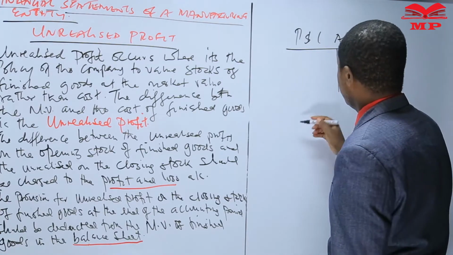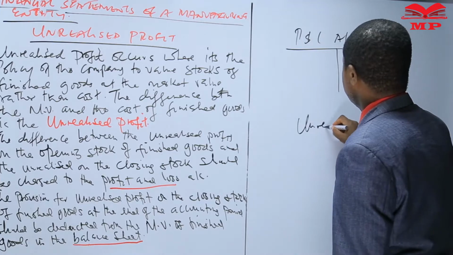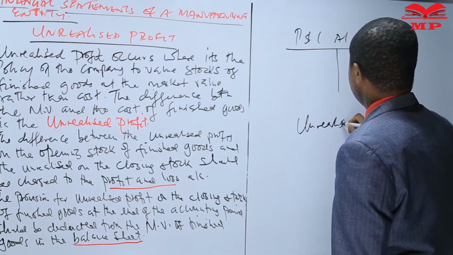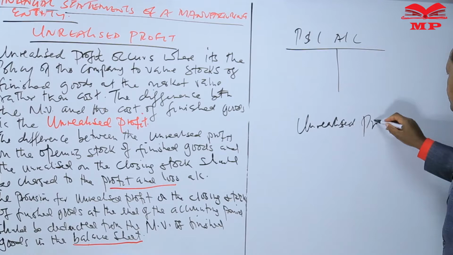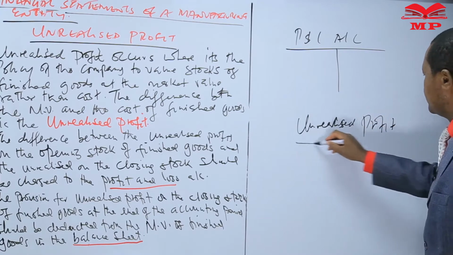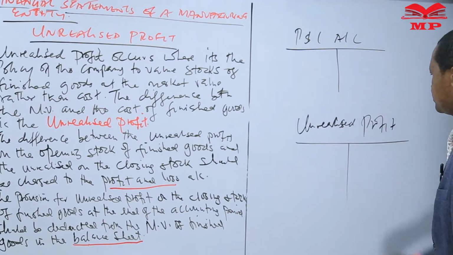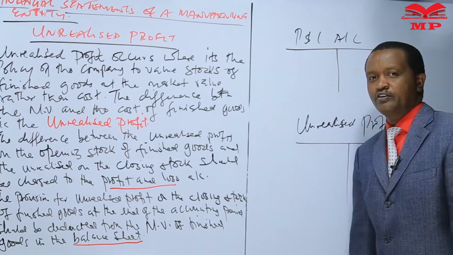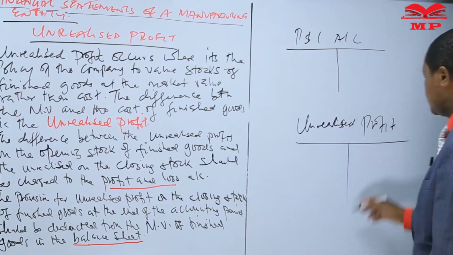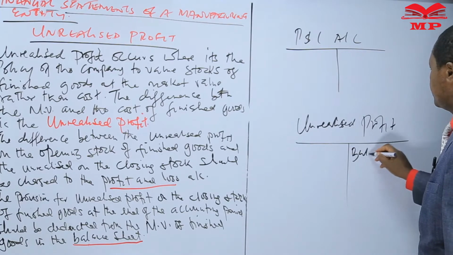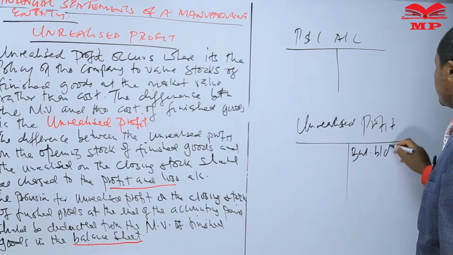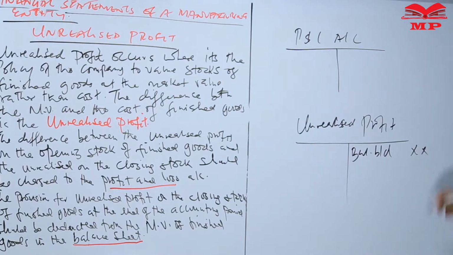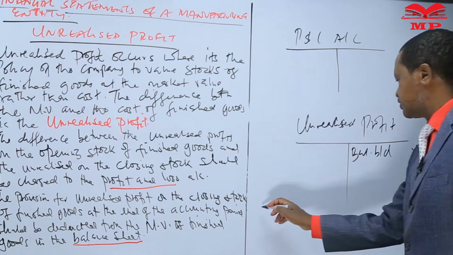Okay, so here we have the unrealized profit account. This account ideally should have a credit balance. So the balance at the start, balance brought down, then balance carried down at the end.